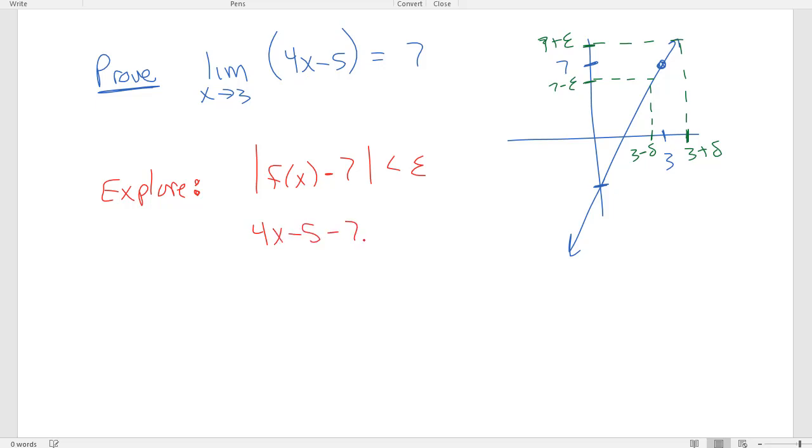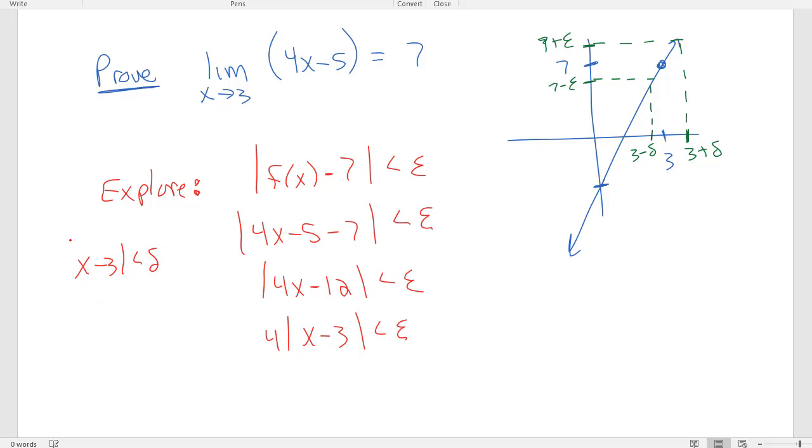So we're asking how far from 7 does my function 4x minus 5 have to be. So if I simplify this expression, I get the absolute value of 4x minus 12 has to be less than epsilon. I can factor a 4 out of here, and I end up getting 4 times the absolute value of x minus 3 is less than epsilon. Now remember, we want this to be true when we have the absolute value of x minus 3 less than delta.